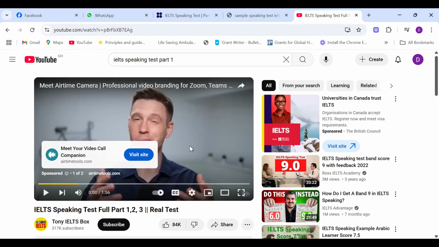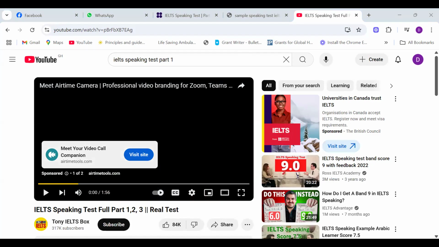The speaking test format, content and structure is the same for both general training and academic. Same structure, same content, same format.